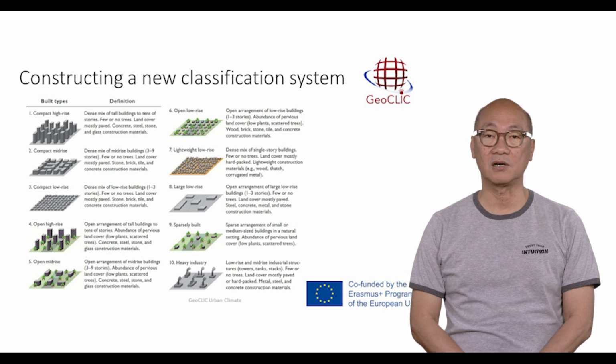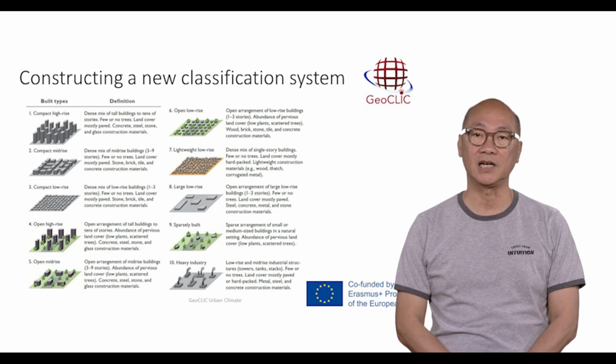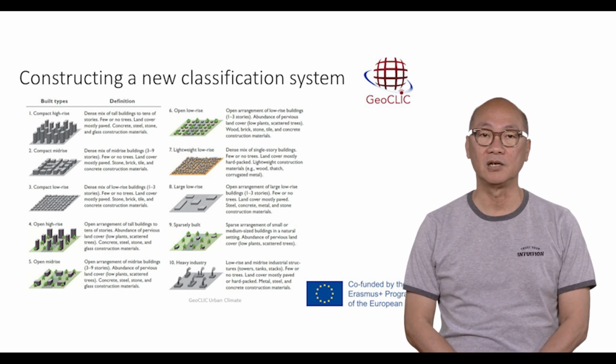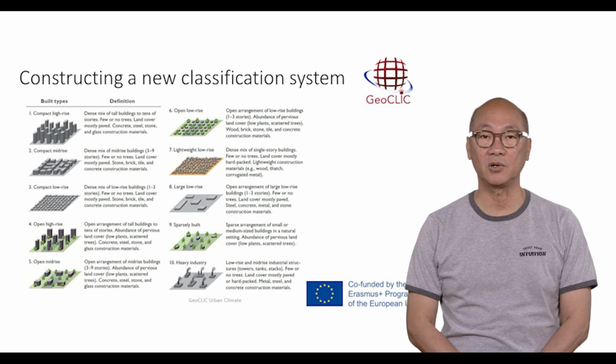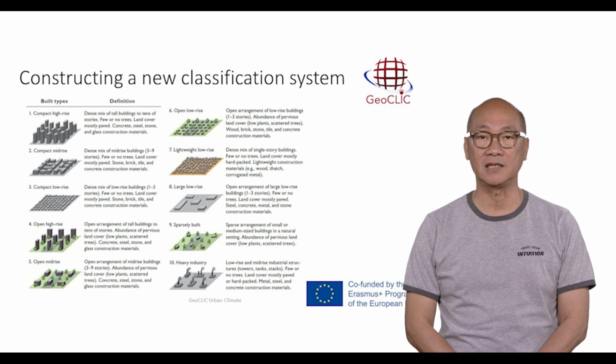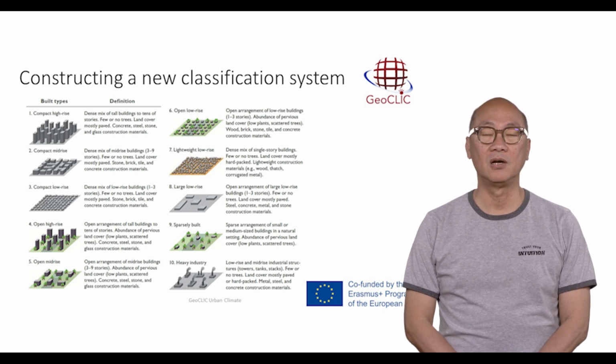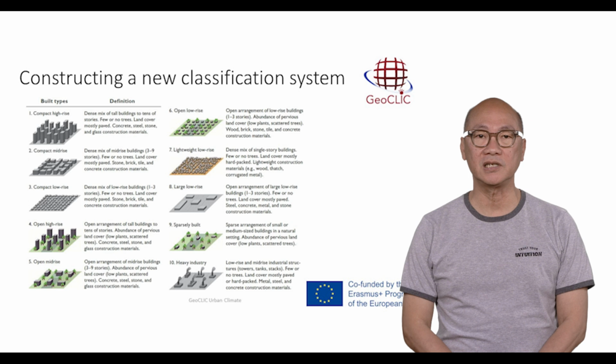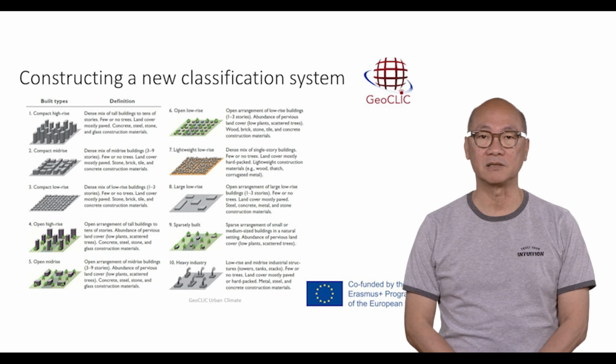Following the analysis of the factors contributing to the urban heat island, it is understood that not only land cover is an important indicator. Urban morphology has to be considered to better understand the urban heat island effect. Urban morphology refers to the study of the formation of human settlement, that is the urban form.